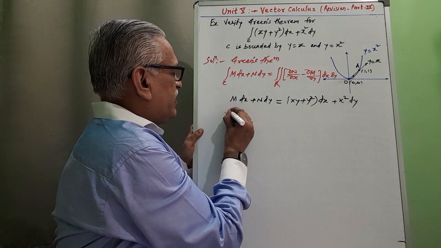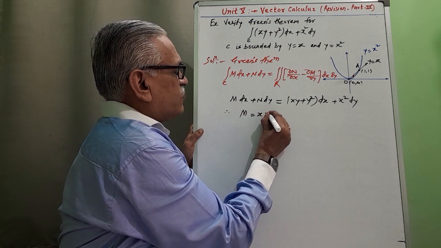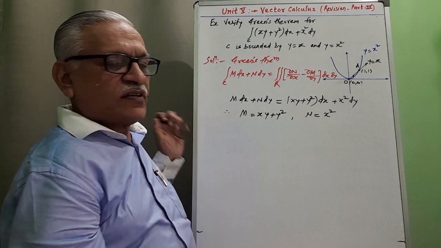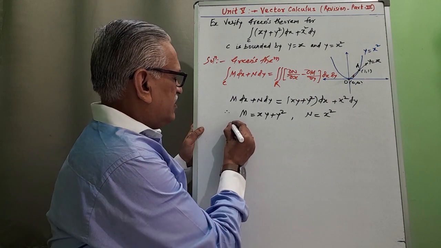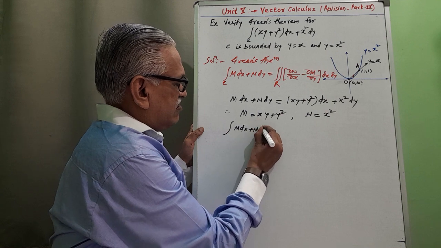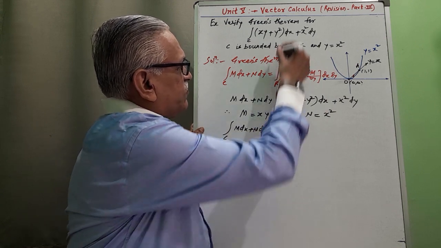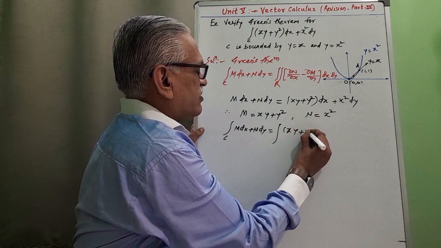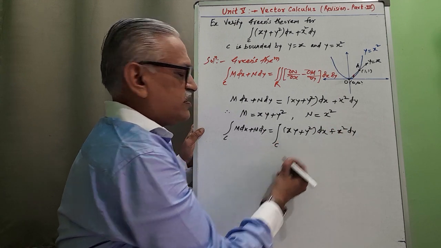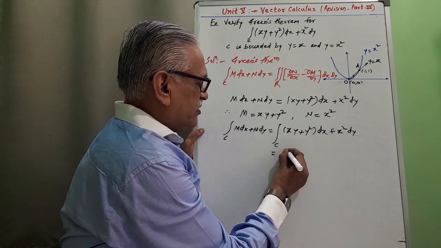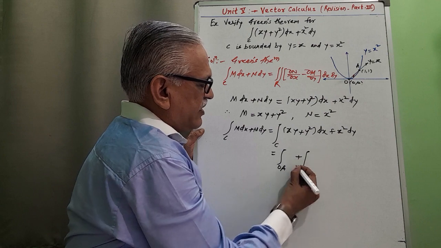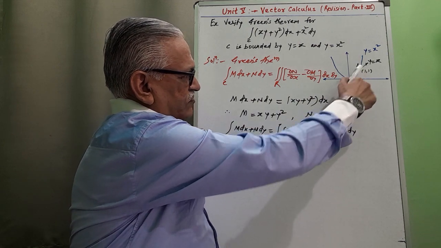Comparing these two sides, we get the value of M as xy + y² and the value of N as x². Then the line integration of M dx + N dy over curve C is nothing but the line integration of (xy + y²) dx + x² dy over curve C. It is the sum of two line integrals: the line integration over the path OA plus the line integration over the path AO.